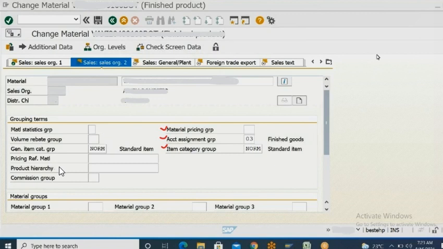For example, we have materials like P, Q, R, and S, and for all materials we have the same price. Here we maintain price for material P, and for the others we maintain pricing reference material as P, that is for Q, R, and S.